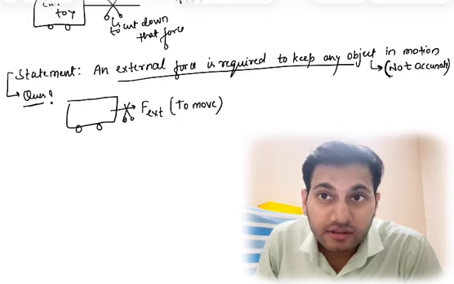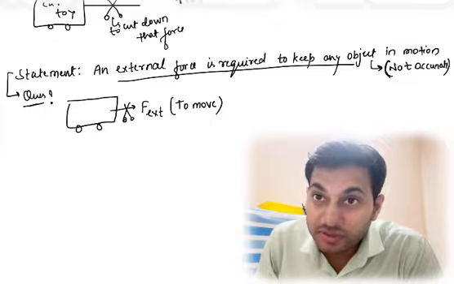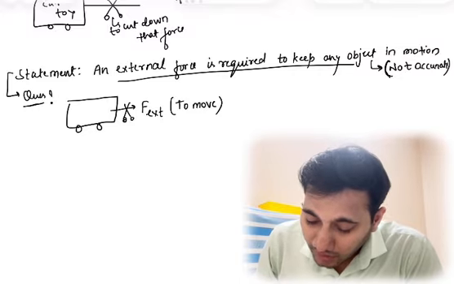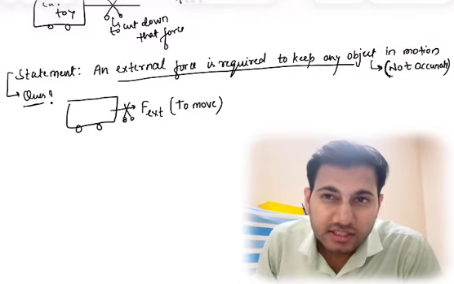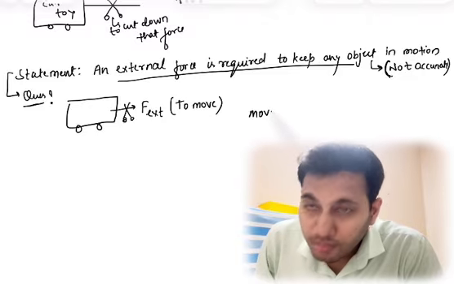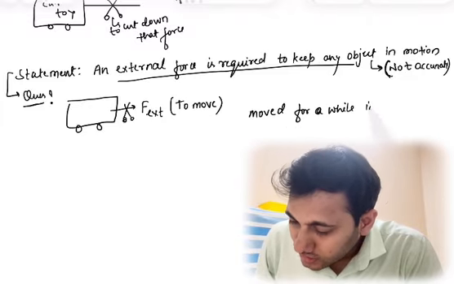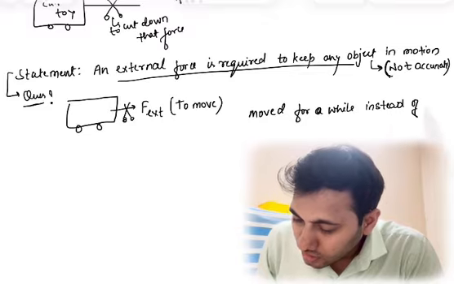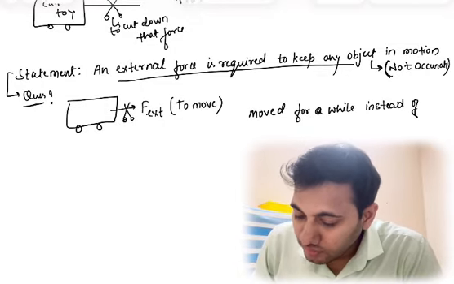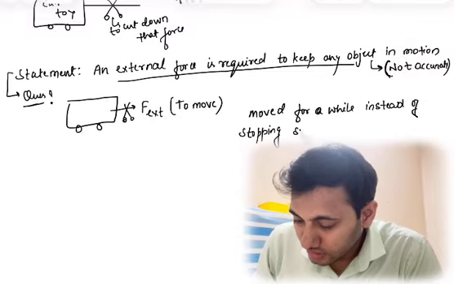Then we can say that if we remove that force, the object should come to rest at that instant only, right? But what scientists observed is that after cutting this string, the object moved for a while instead of stopping suddenly.